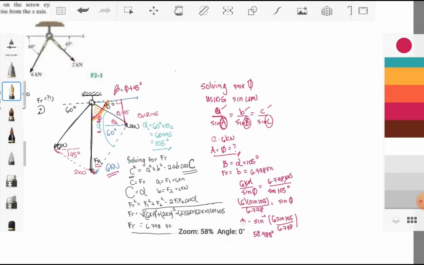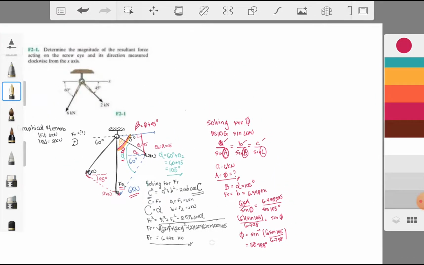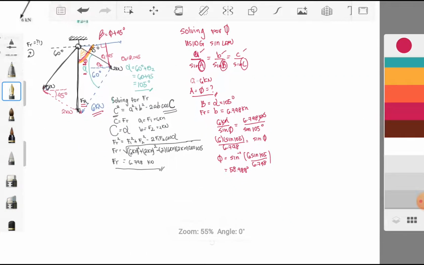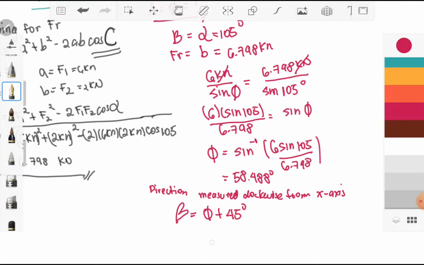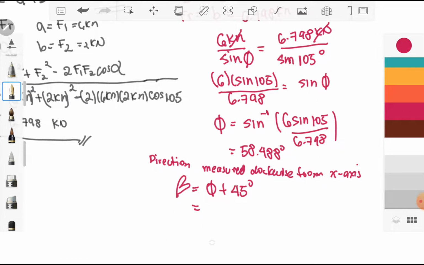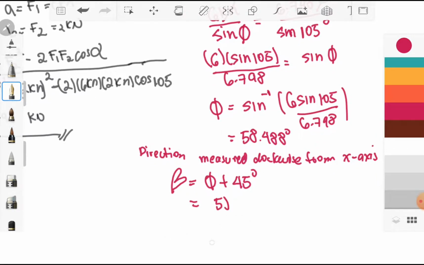So solving for the direction measured clockwise from the x-axis, that direction is equal to your beta, which is equal to phi plus 45 degrees, which is 58.488 plus 45 degrees.